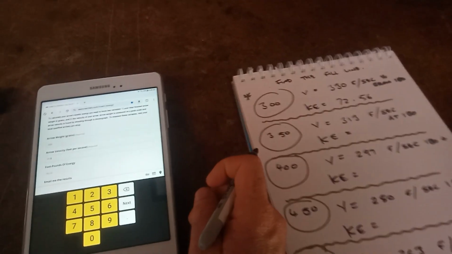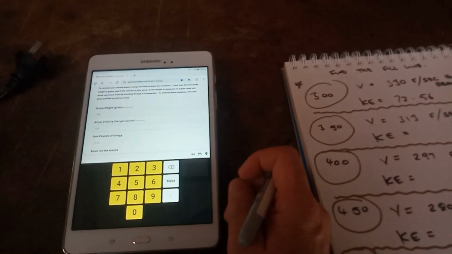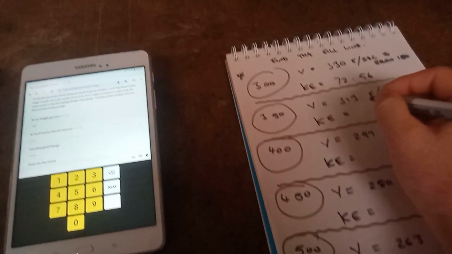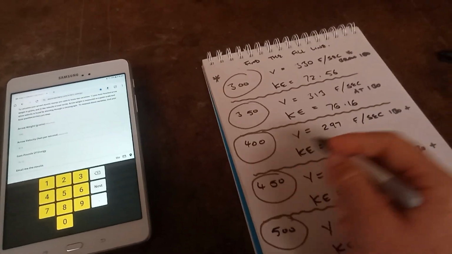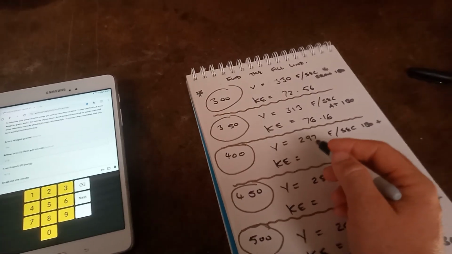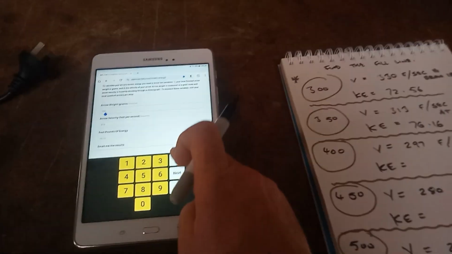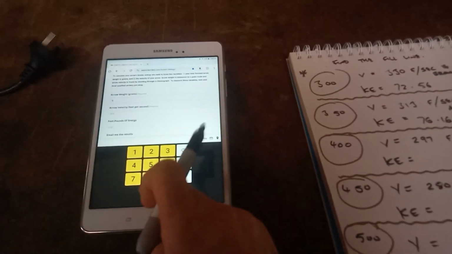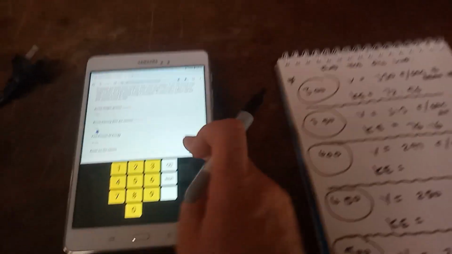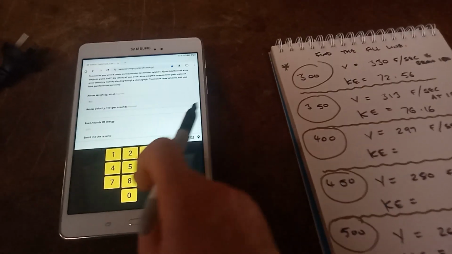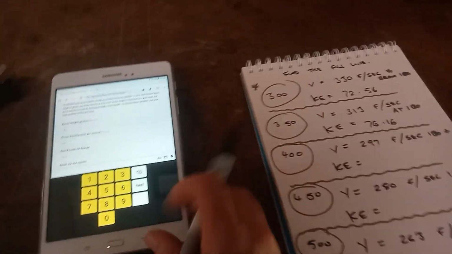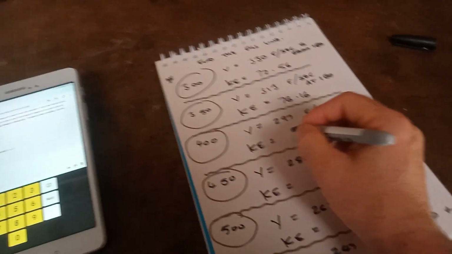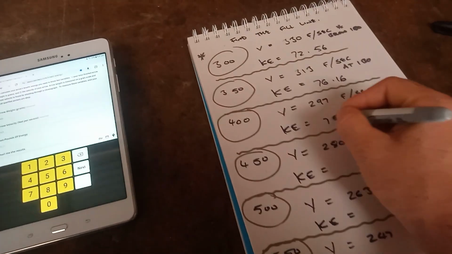So just checking that, 350 and 313 feet per second, we get 76.16. 400 and 297 feet per second. So that's my current arrow setup, the 400 grain arrows, and 297 feet per second. Yep, we get 78.37, sorry, not 38.37.